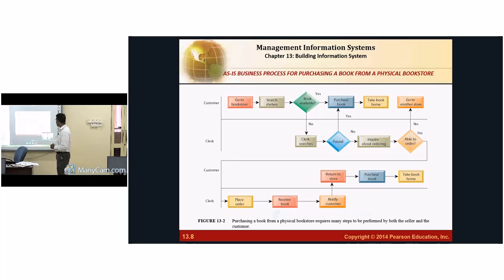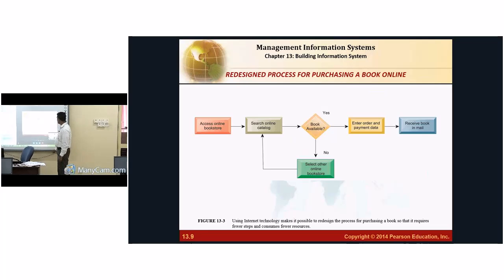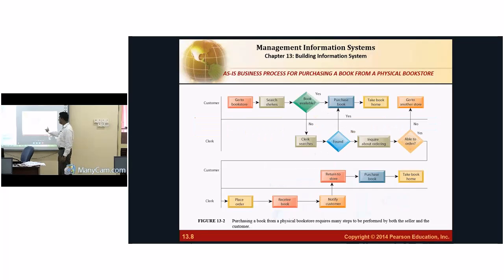If the book is available, you can purchase the book and take it home, right? If the book is not available, you have to check with the clerk, right? The clerk searches.